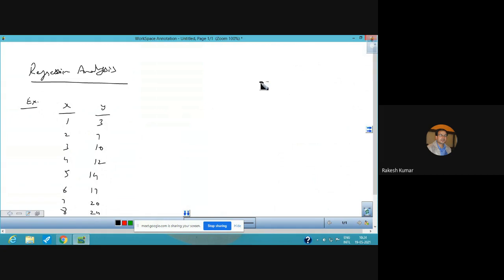The formula for the regression coefficient of x on y is n sigma xy minus sigma x sigma y, upon n sigma y square minus sigma y whole square.